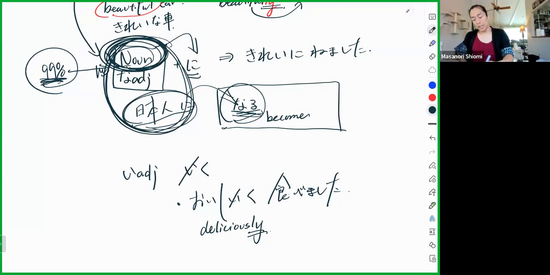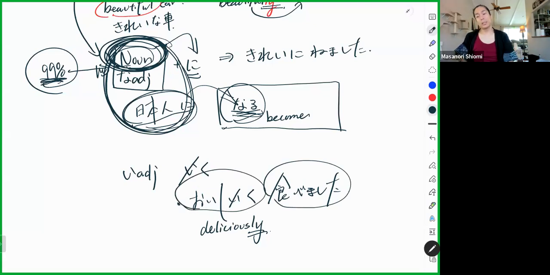Literal meaning, I ate deliciously. And I know in English, we don't say this way, right? We just say like, hey, it was good. I ate it. It was good. But it basically means that. Hey, I ate it and it was good in one sentence. 美味しく食べました. I ate deliciously. Okay.